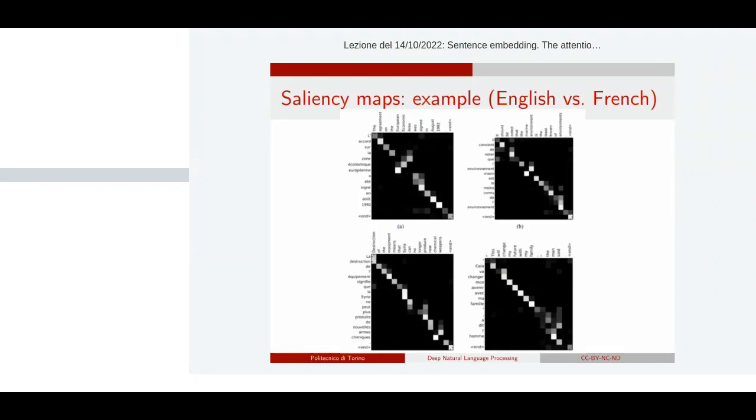Okay, so of course, the main diagonal contains trivial similarity combinations because it's an item with itself, and the others are potentially relevant correlations. For example, here they have applied a saliency map to an English to French translator.